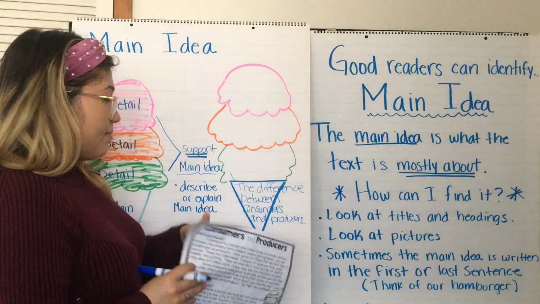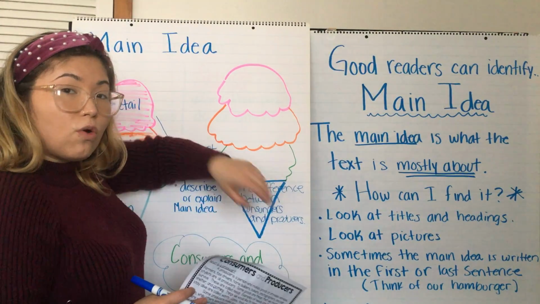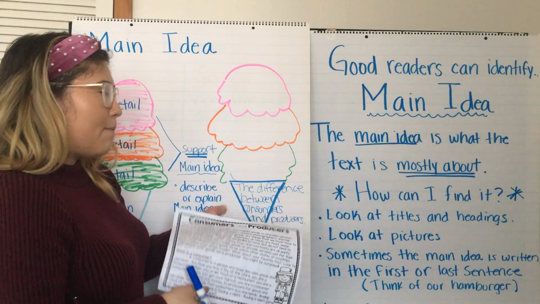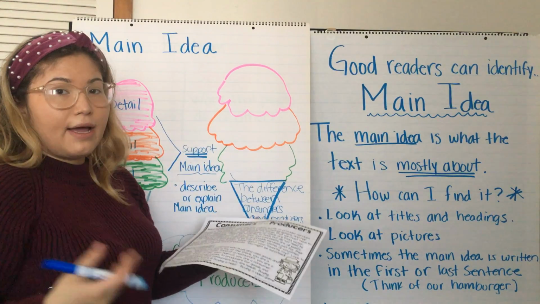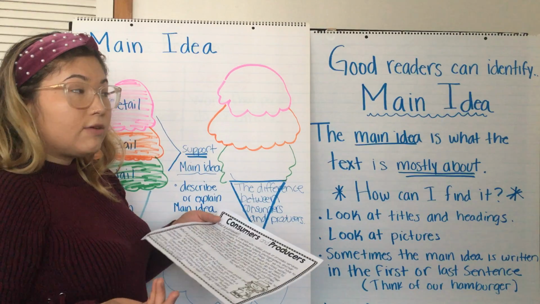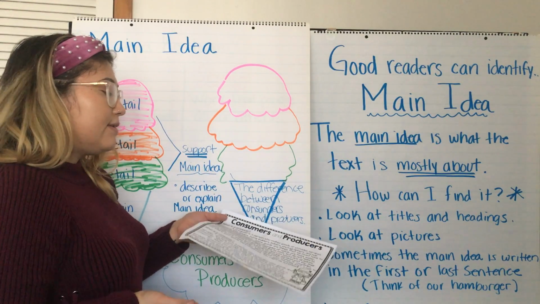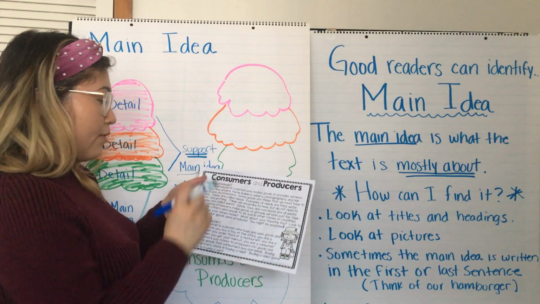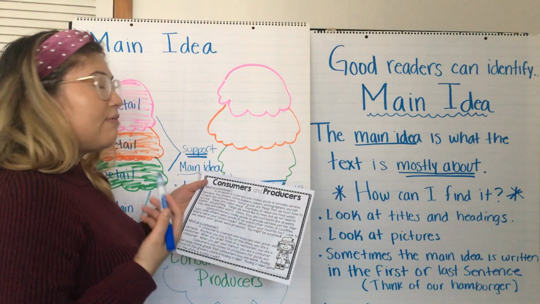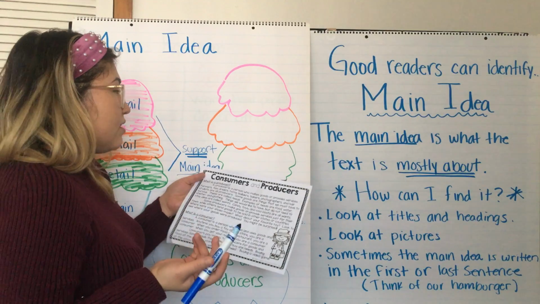Now that I've gotten my main idea, my main cone, which is the first thing I need, I'm gonna go back into my reading and find some details, okay? What are cool details that we need to include? Well, we need to talk about consumers and producers. So a good detail that I could get from my reading is to define both of them. What is a producer?